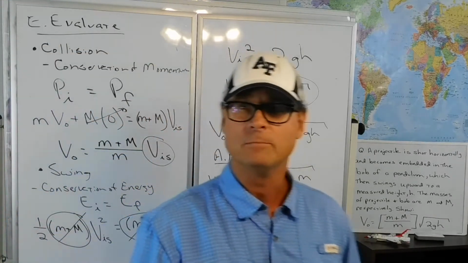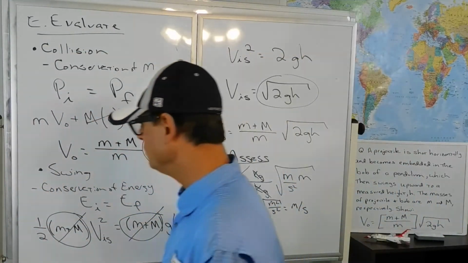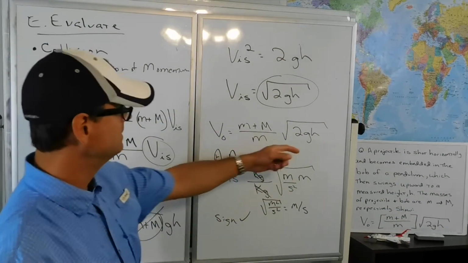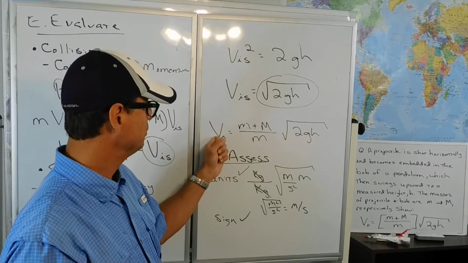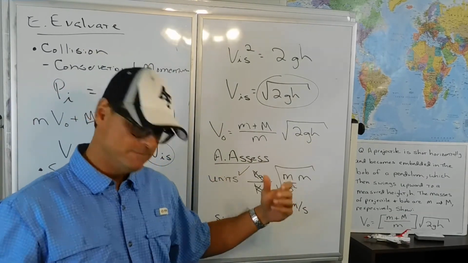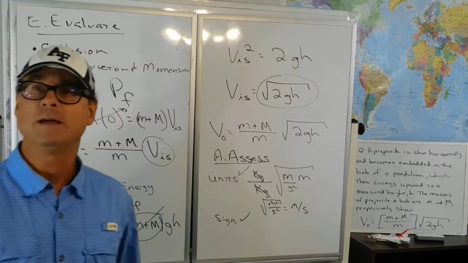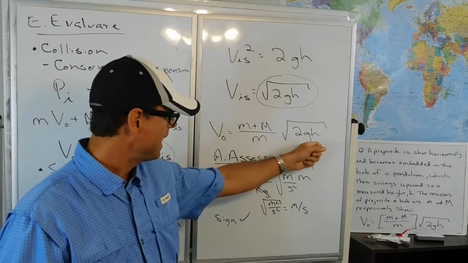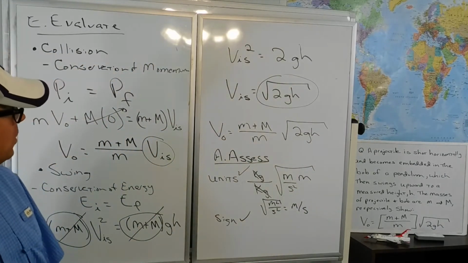What about the magnitude? How are we going to reason through the magnitude of it? Well, it does make sense that as the velocity increases, the height increases, right? If the bullet hits the pendulum bob with more velocity, it's going to swing higher. So that aspect of the magnitude check works out.